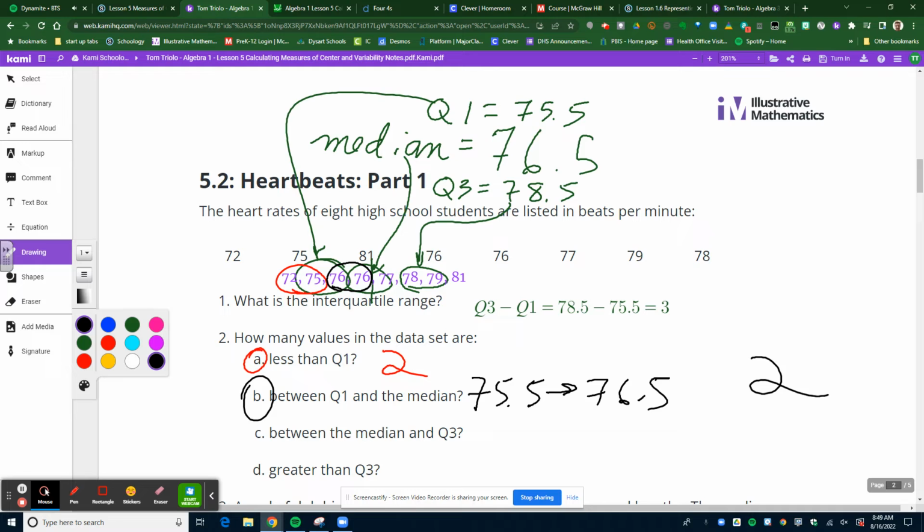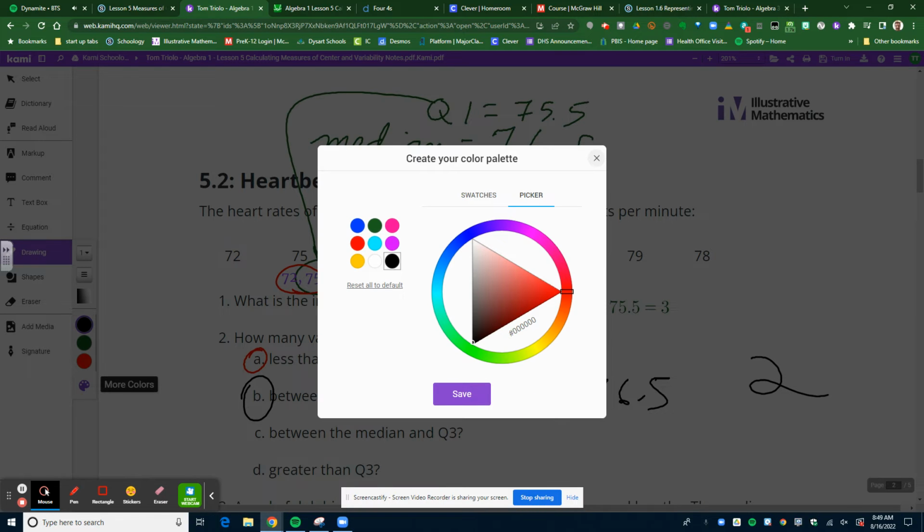So between Q3 and the median, let's go. I really don't want to do yellow. Let's go to my palette. Let's pick something. We'll just go back to blue.